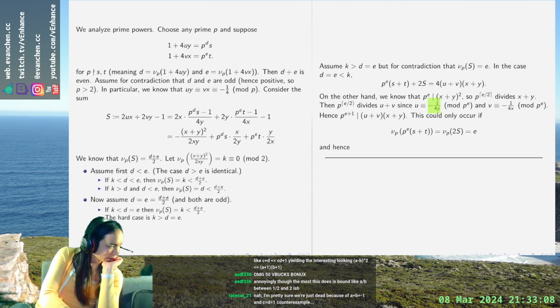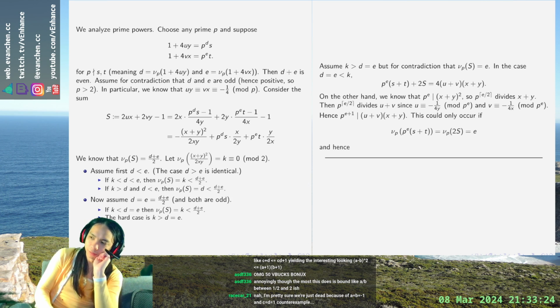No, I don't think that the a equals b equals -1 counterexample actually does anything for us, because I think that corresponds to some of the variables being 0 somewhere, in which case VP analysis doesn't work if there's zeros floating around.